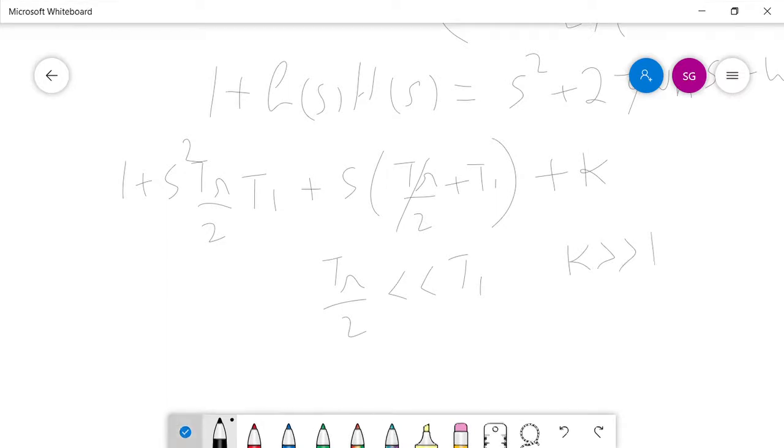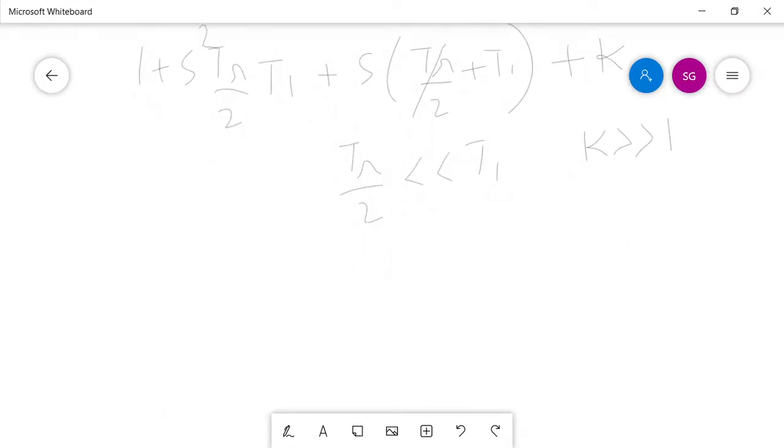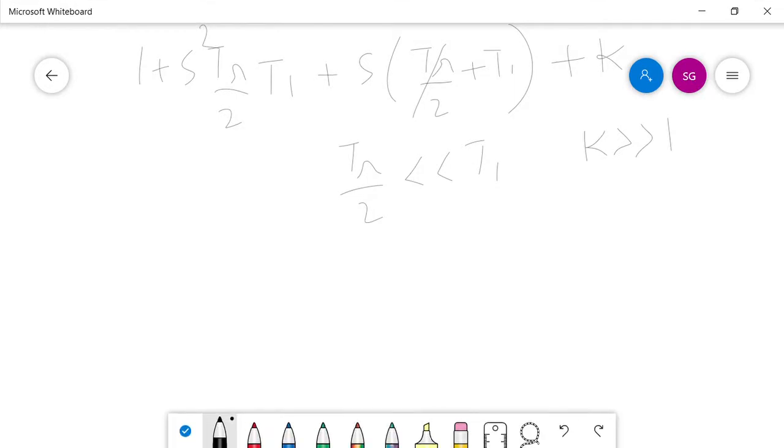So we can simplify this by taking out Tr T1 by 2. It will be s square plus, T1 being cancelled out, 2 by Tr into s, plus 2K by T1 Tr.